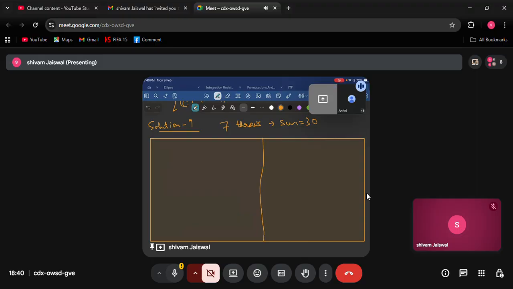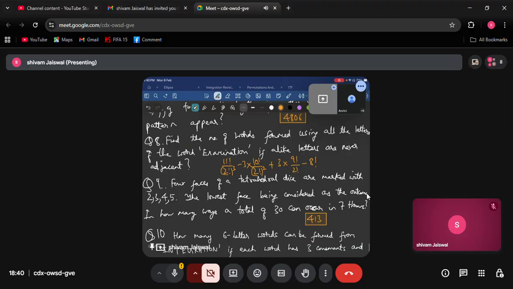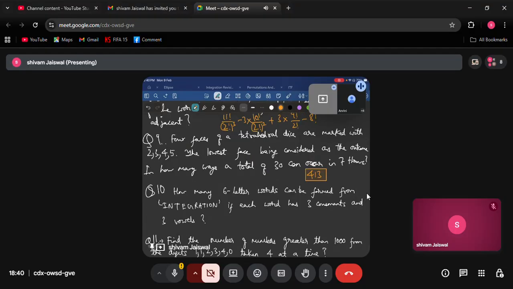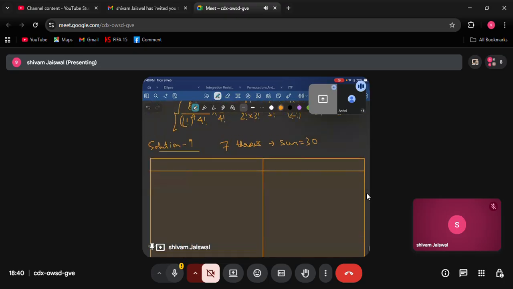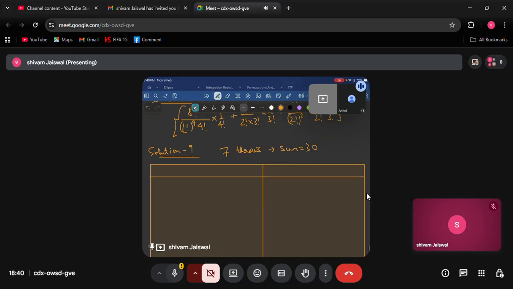Case 1. They are marked with 2, 3, 4, 5, and the lowest face is considered as the outcome. I understood.